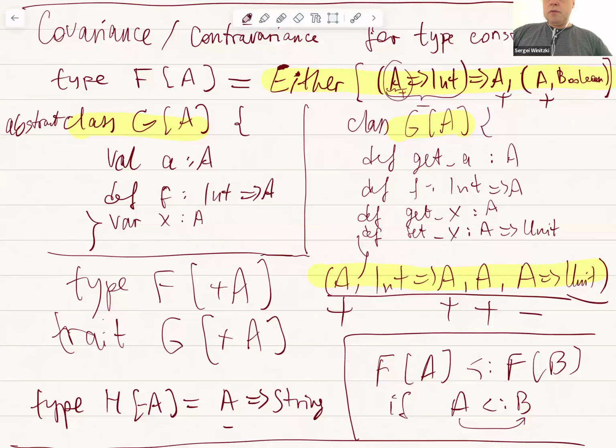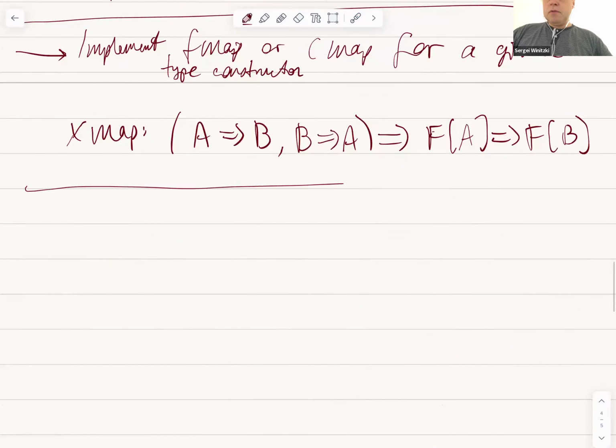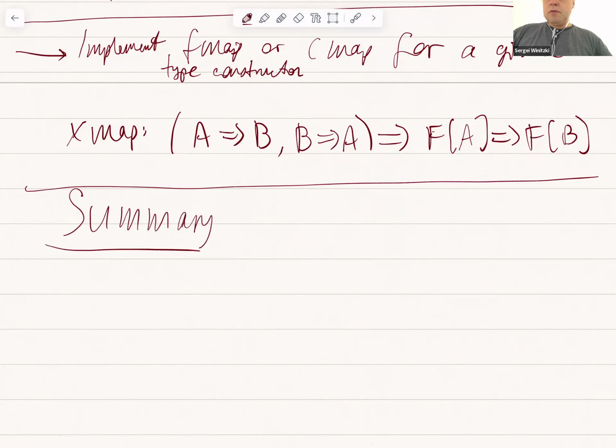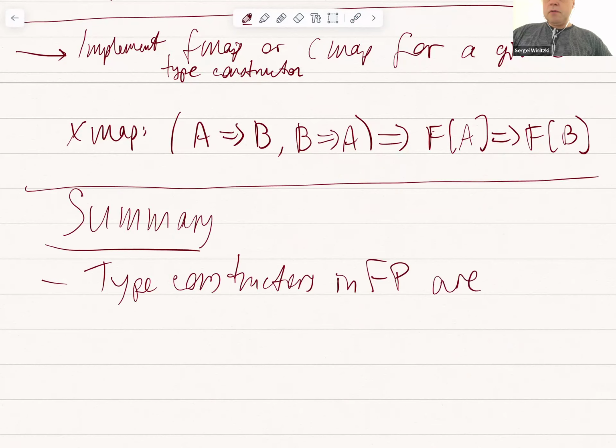All right, so let me summarize what I have shown here. Type constructors in functional programming are covariant or contravariant or neither.